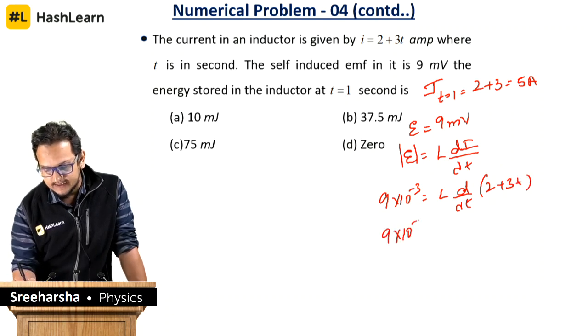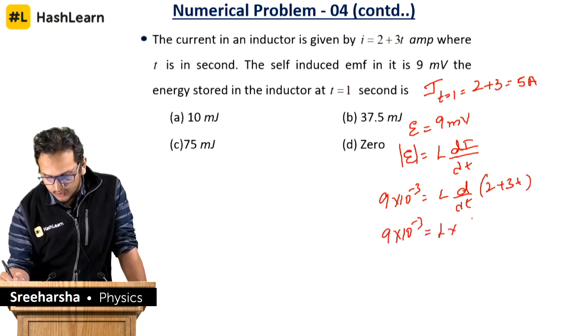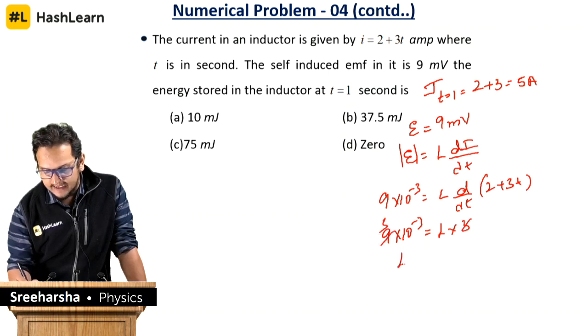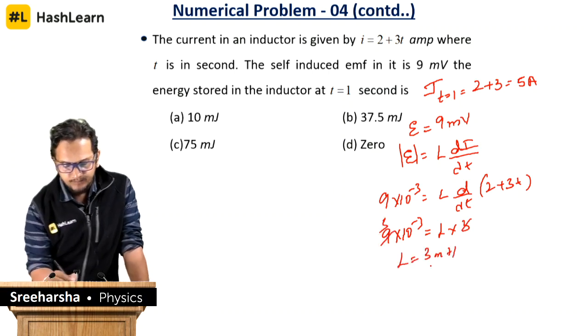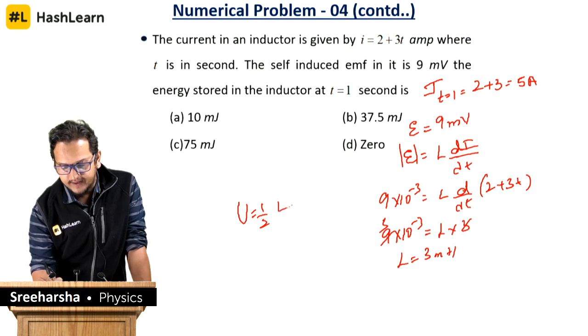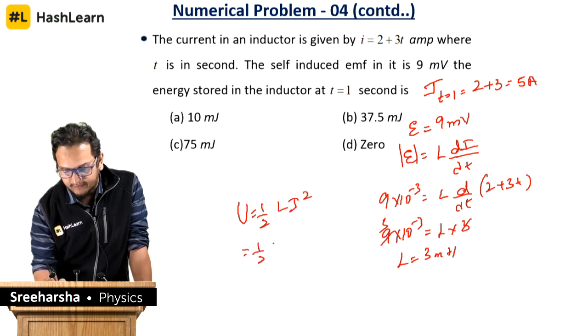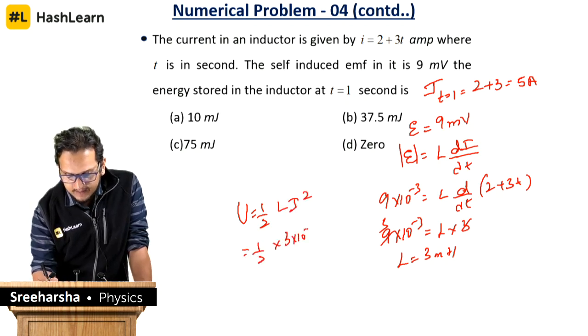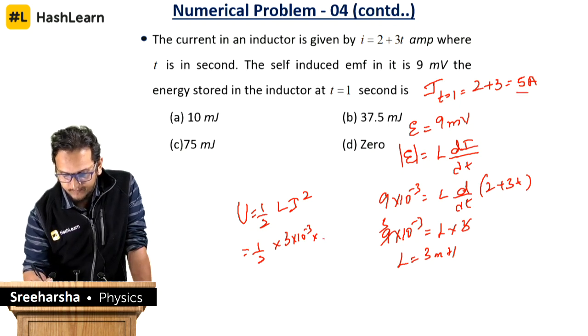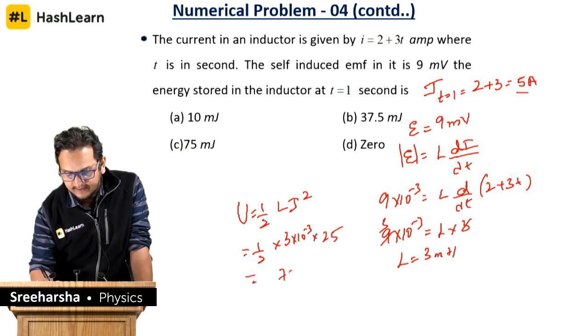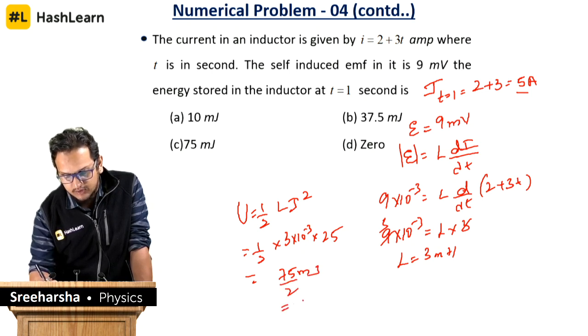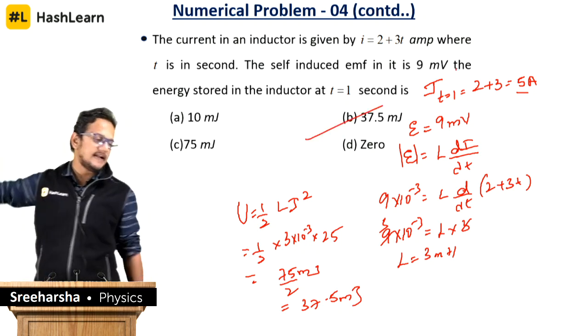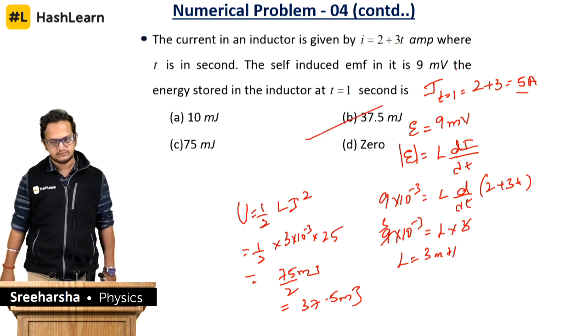If you differentiate this, you will get L into 3. So L is equal to 3 millihenry. The energy stored is half L i square, which is half into 3 into 10 power minus 3 into 25. So you will have 75 millijoules divided by 2, which is equal to 37.5 millijoules. So the correct answer is B.